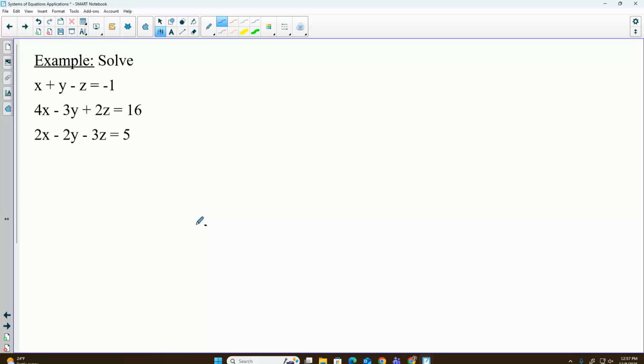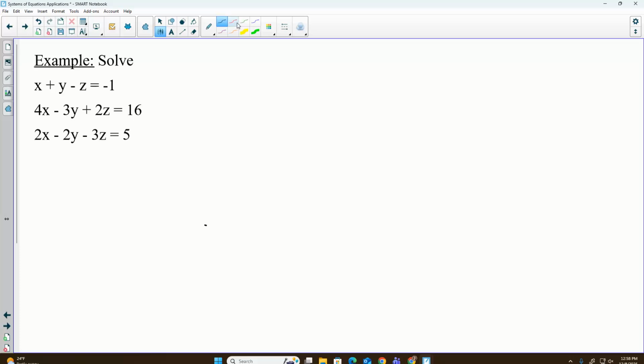If I have 3 variables, I have to give you at least 3 equations. If I don't, then you're going to have a variable arbitrary, so you'll have infinite solutions of some sort. The idea is still to do substitution or elimination, but you take two equations at a time and eliminate a variable. So it's going to take a couple more steps, but the same process we already know.